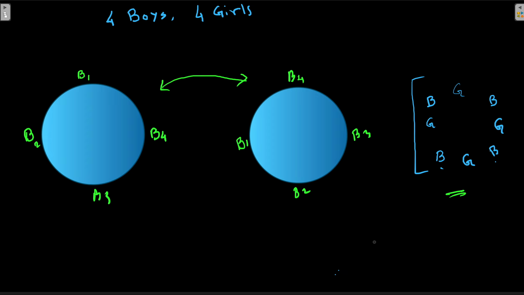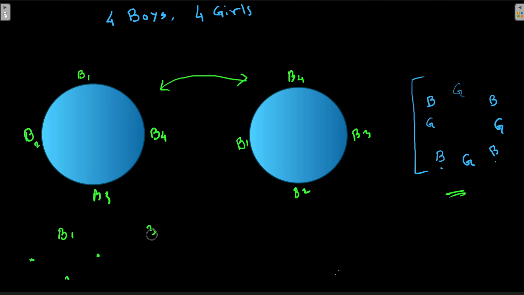In the round table, since a circular shift does not change the arrangement, we can fix one of them. Let's say this is B1. B1 is fixed. We are solving this question part by part. How many boys are remaining? 3.